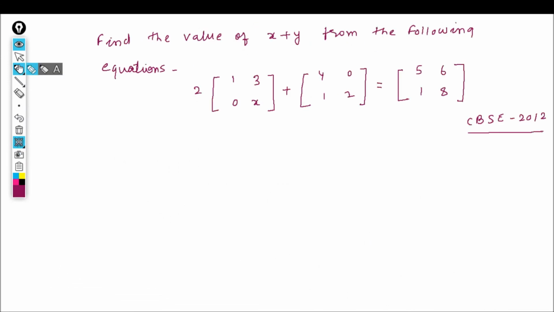Okay students, let us see one more question. Find the value of x plus y using this equation. So let us solve this.